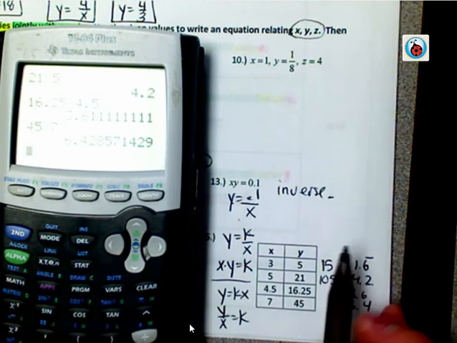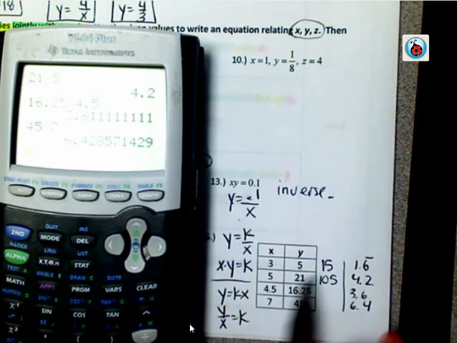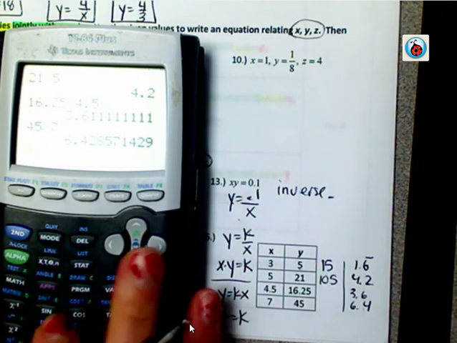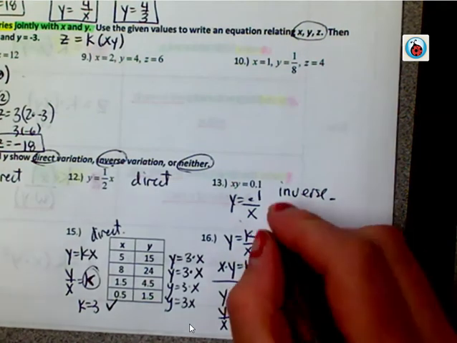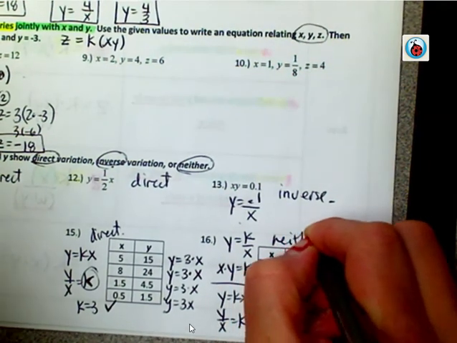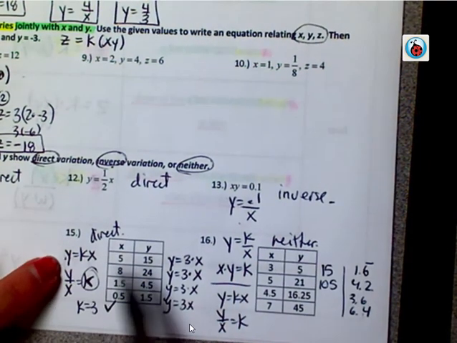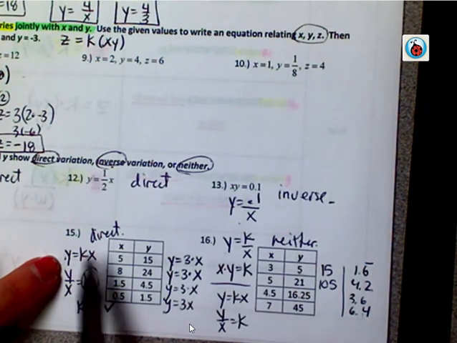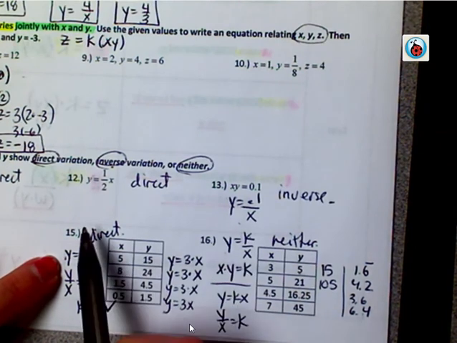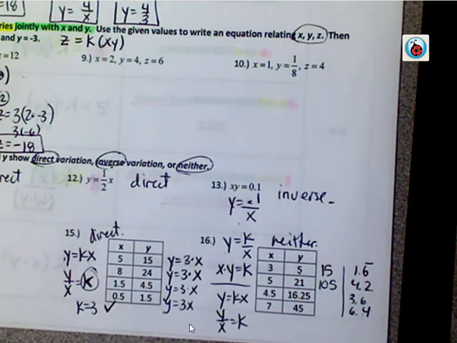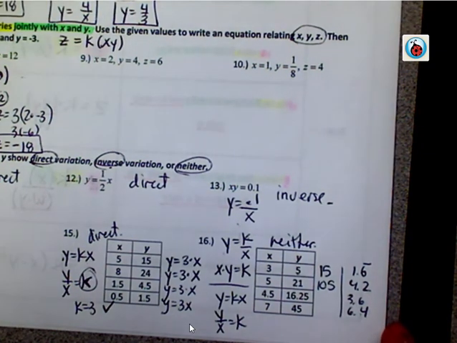And so neither the product or the quotient of these numbers is consistent, which means that it would be neither. In order to be direct or inverse variation, the k value has to remain the same for each pair of numbers. Okay, let's do some word problems.